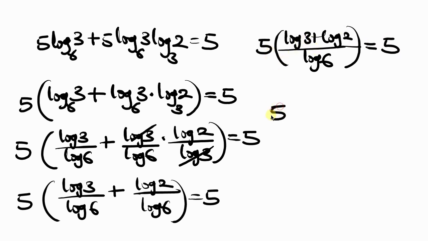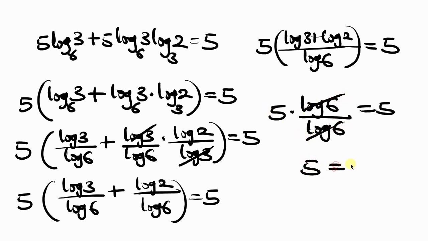So we have 5 times. Now the property of logarithm says that we can multiply 3 and 2, so that we have log of 3 times 2, which is 6, all over the denominator log 6, and this is equal to 5. Now notice that log 6 cancels out log 6, leaving behind 5 to be equal to 5.